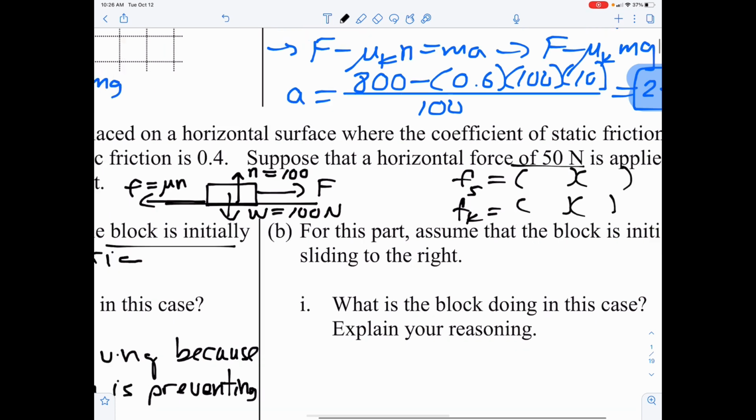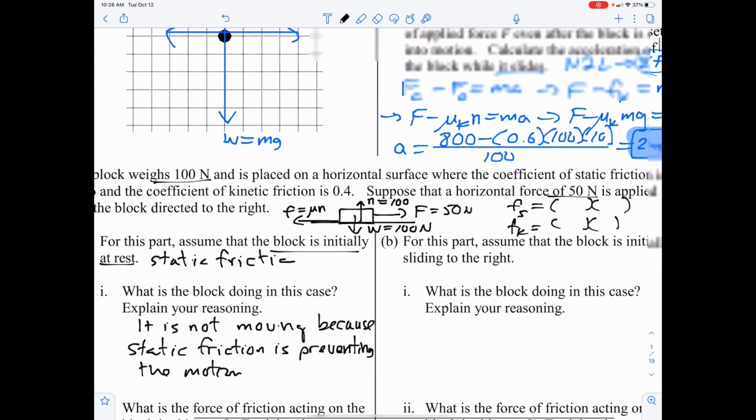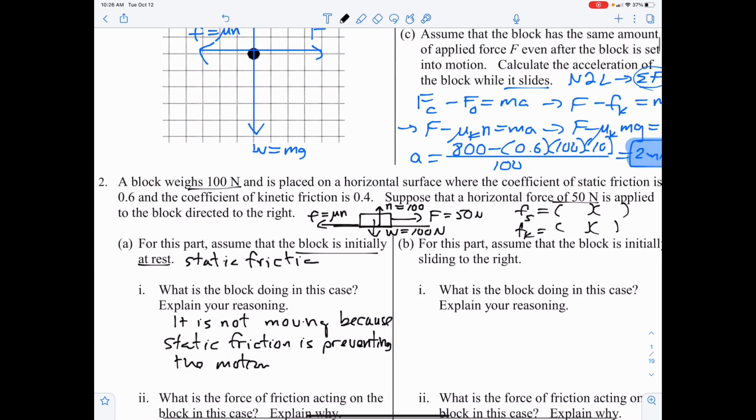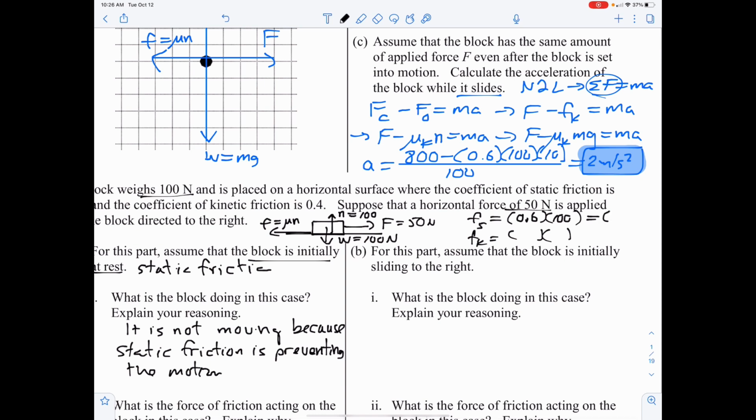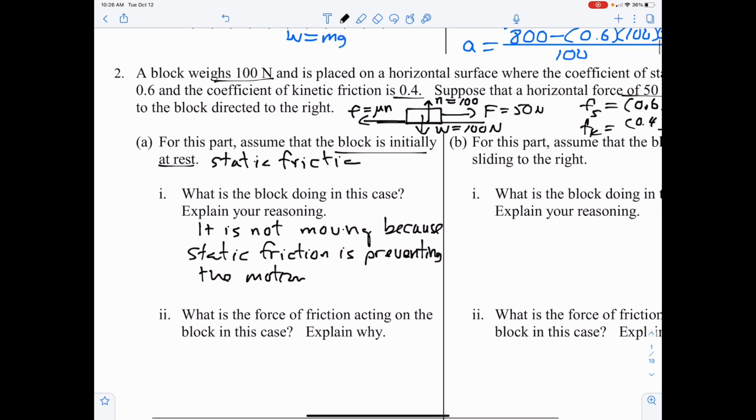There's a force of 50 newtons. And the static friction force would be 0.6 times 100, which is the normal force. So the static friction force is 60 newtons, and the kinetic friction force is going to be 0.4 times 100, which is 40 newtons. Okay, so why is the block not moving?